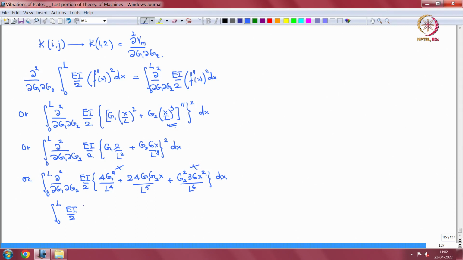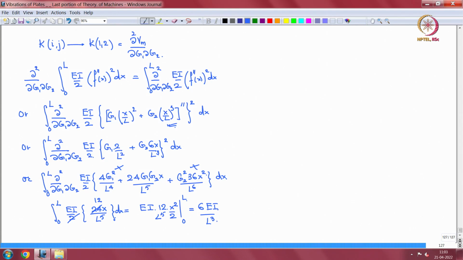So you get EI by 2, only this survives, which gives me 24x over L5, or rather 12x over L5, dx, which after integration is EI 12 x square by 2 L5 over 0 to L, which gives me 6 EI by L cube.